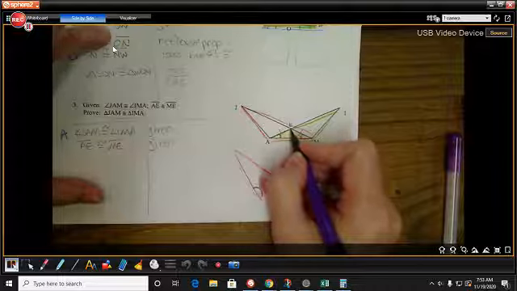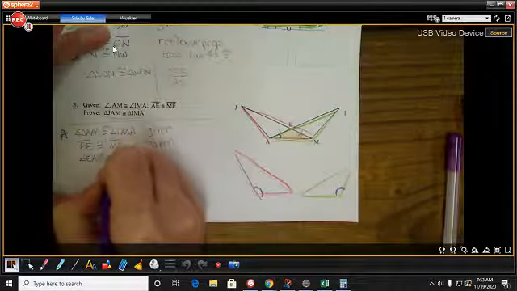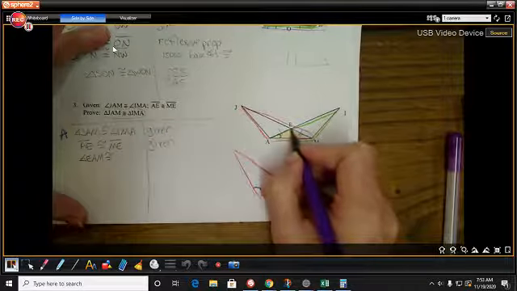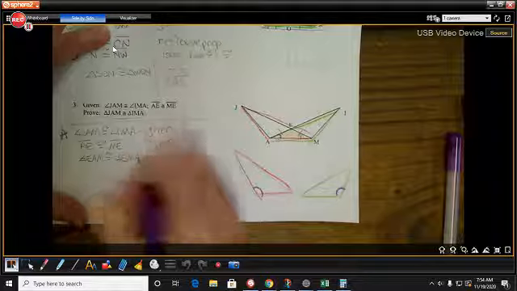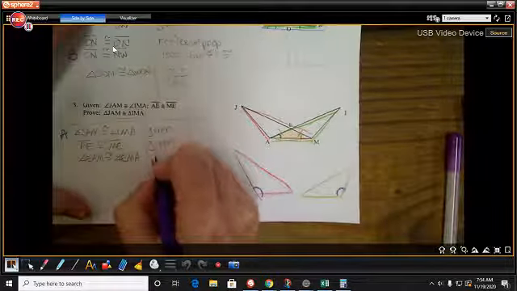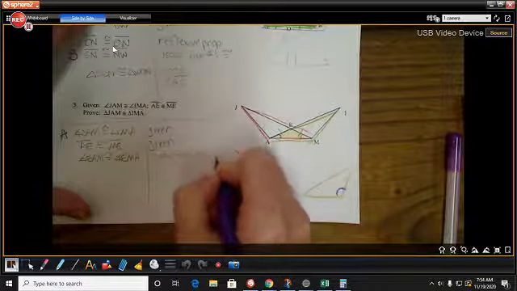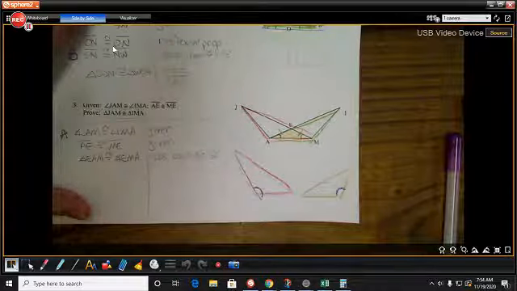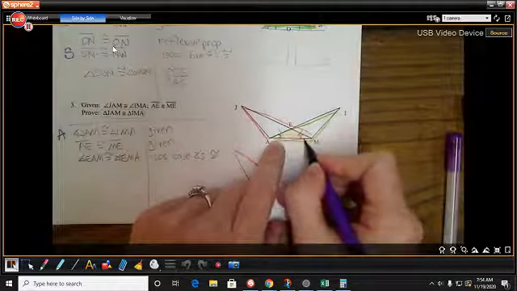So I can say angle EAM must be congruent to angle EMA because the isosceles triangle has base angles congruent. And that made this little angle here congruent to this little angle here.